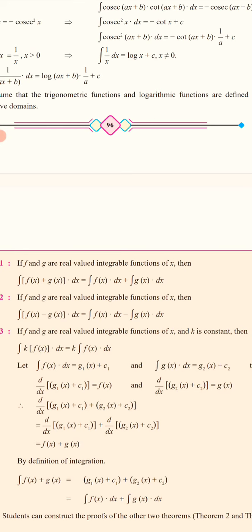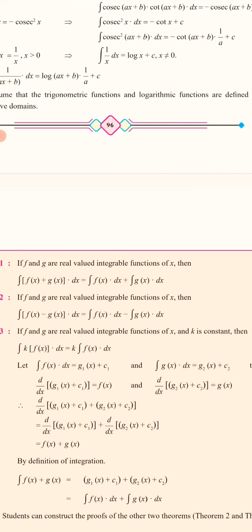So d by dx of g1 of x plus c1 plus g2 of x plus c2 is equal to d by dx of g1 of x plus c1 plus d by dx of g2 of x plus c2.